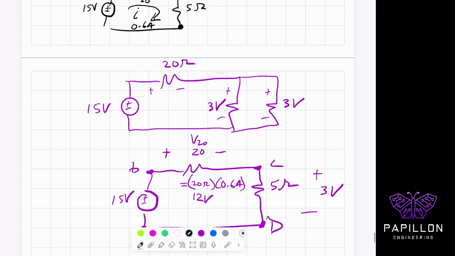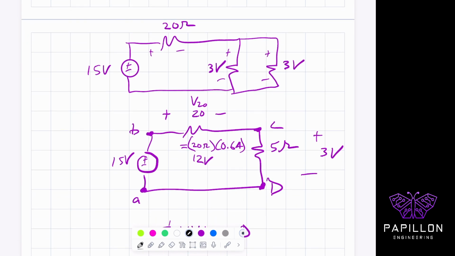Okay, so now if we look at the problem, we have positive, negative, positive, negative, positive, negative again because of the convention of the positive side of our voltage source entering this 20 ohms. So it has to be positive here and positive here because the flow is going like this, and then they all go back to ground.